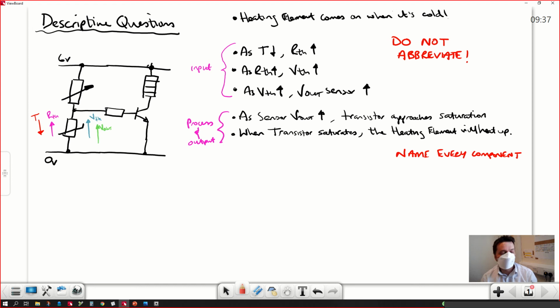I know you're taking a photograph of that, but obviously I'm going to make this video available to you. So you will have a digital record of it. You know what I mean? Just in case you didn't know that. So you need to name every component, but you also need to ensure that you state the function of every component.